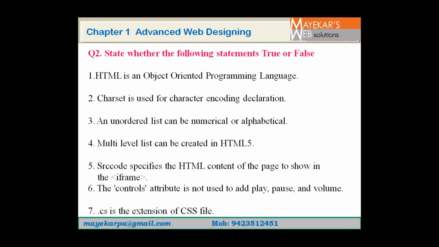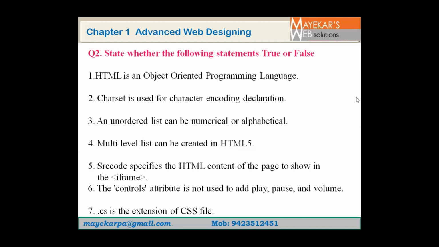First of all, we must know what an object oriented programming language is. It is a programming language in which we use objects, and as per the objects we write the program or code. In HTML we are using HTML tags, we are not using any objects.